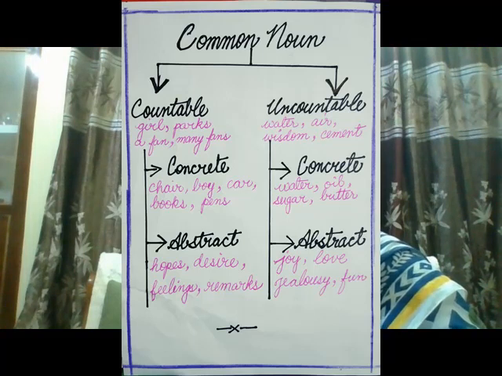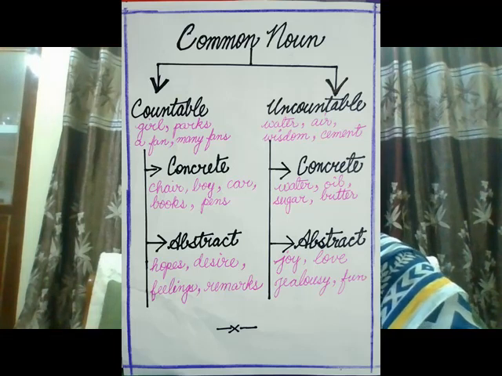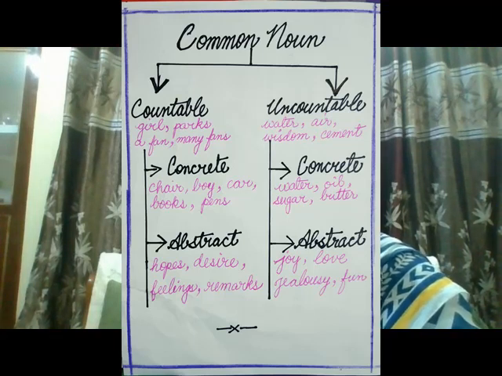Then several feelings overwhelmed him. Then a remark, remarks. Like in your school diary, you have a column for a remark. Class teachers sometimes write a remark or sometimes give you several remarks. So abstract nouns can also have a form of singular or a form of plural noun.